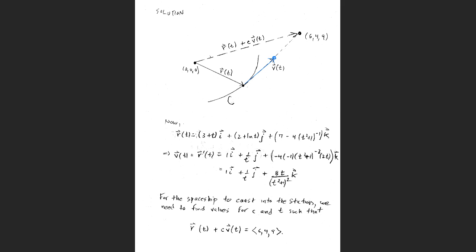It's halfway to the space station. So in that case, the constant c would be equal to 2, right? If you had r of t plus 2 times v, that would give you this yellow vector here that goes to the space station. This is really the key in solving this problem.